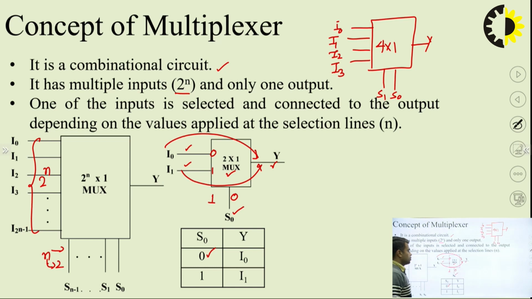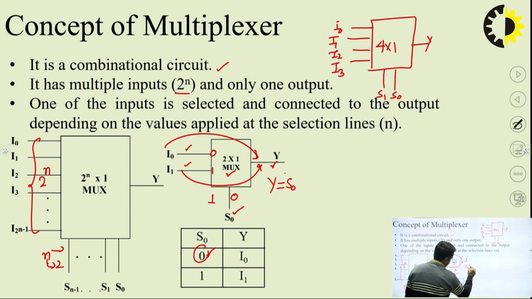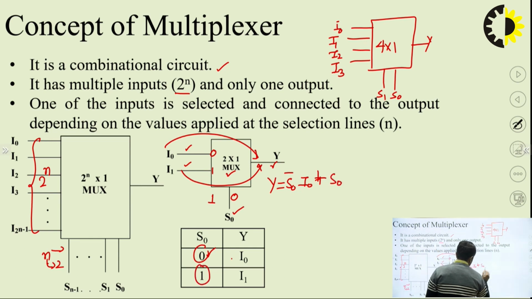If I want to write the expression for this truth table, then Y is equal to S0 bar into I0 plus S0 into I1.